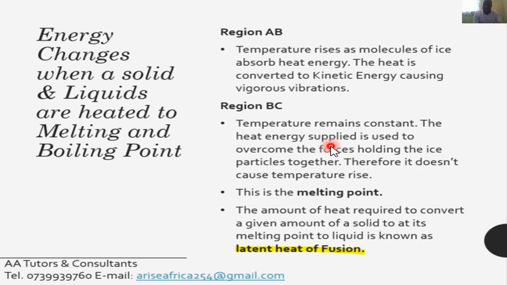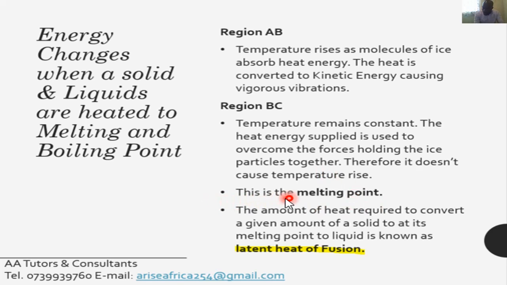We say the temperature remains constant in region B and C because the heat energy supplied is used to overcome the forces holding the ice particles together. Remember, from region A to B, temperature is rising steadily, but in BC the temperature remains constant because the heat supplied is used to overcome the forces holding the ice particles together, and therefore this heat does not cause a rise in temperature.